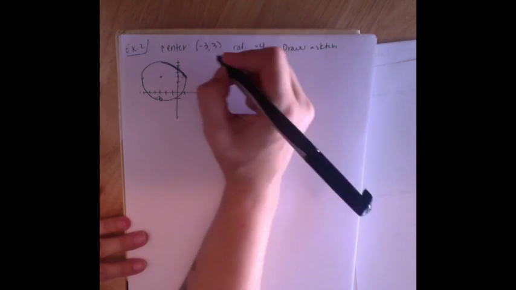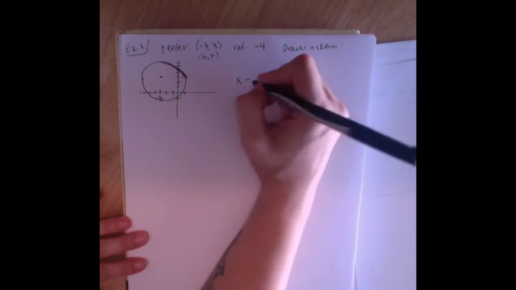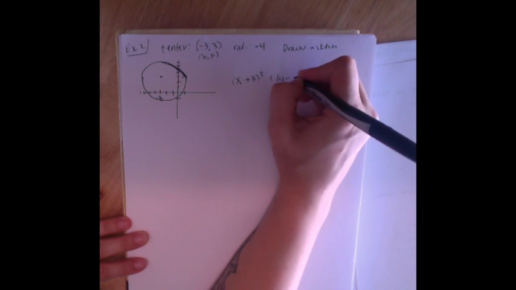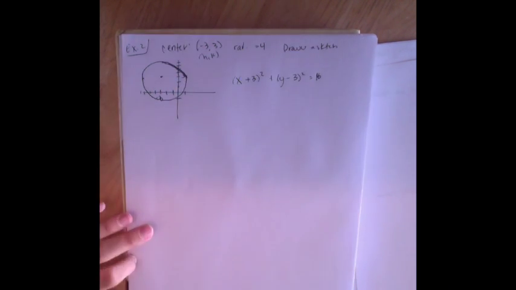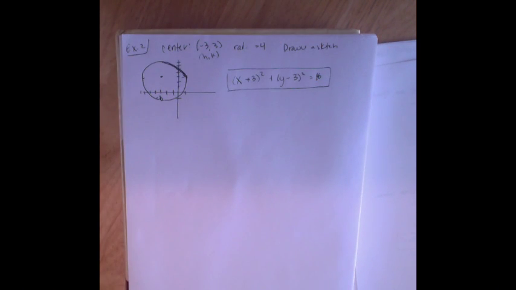And I know it's going to be, this is HK, so it's going to be x minus h, which is negative, squared, plus y minus k squared equals r squared. That is the formula for the equation of a circle with center negative 3, 3 and radius 4.